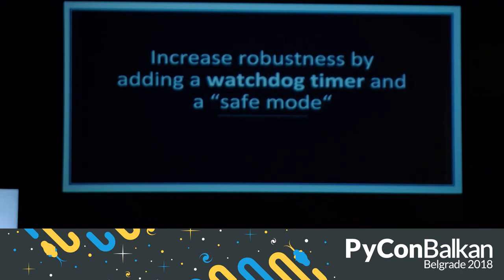So for example, if you have your IoT device in a remote location and then something goes wrong and your internet connection is down, you can no longer access this device. And then you have to fly thousands of miles to change it.